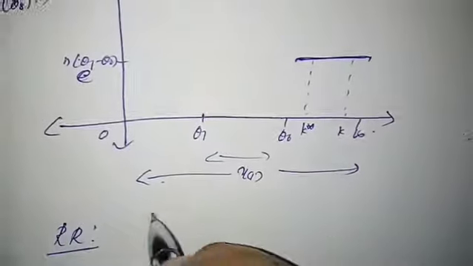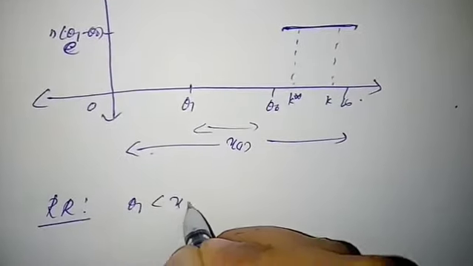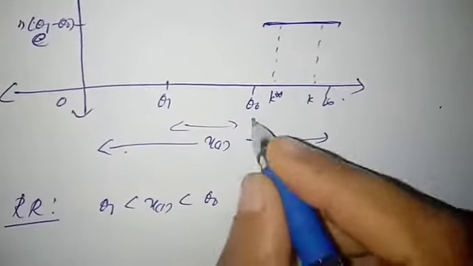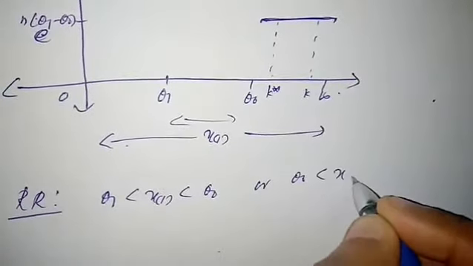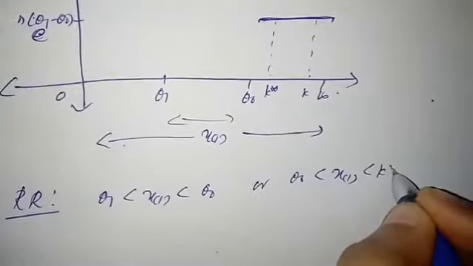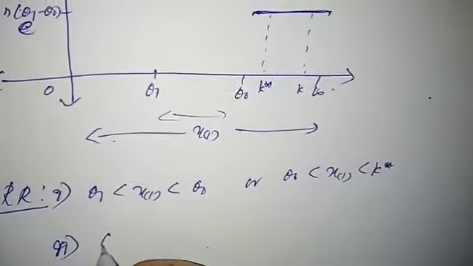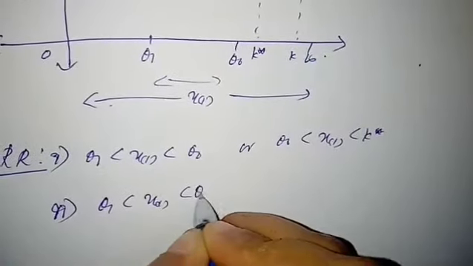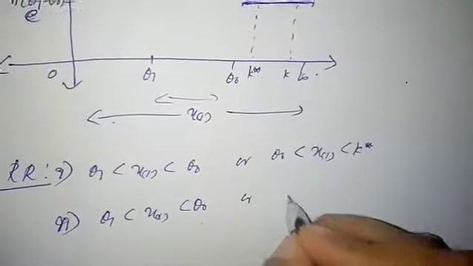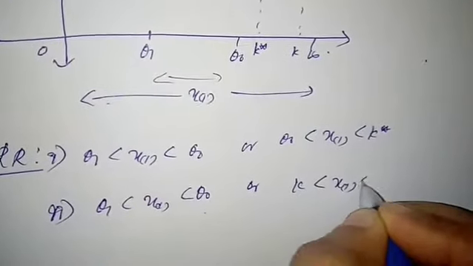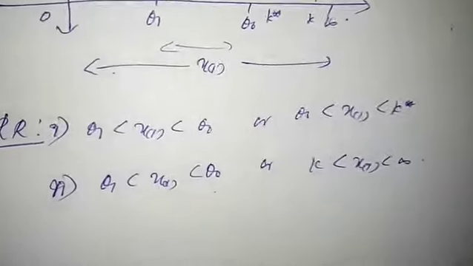First, θ1 < x1 < θ0, or θ0 < x1 < k star. And second, θ1 < x1 < θ0, or k < x1 < infinity.